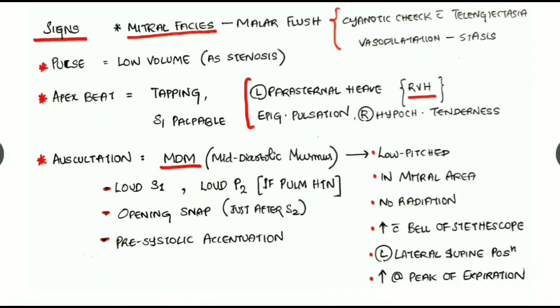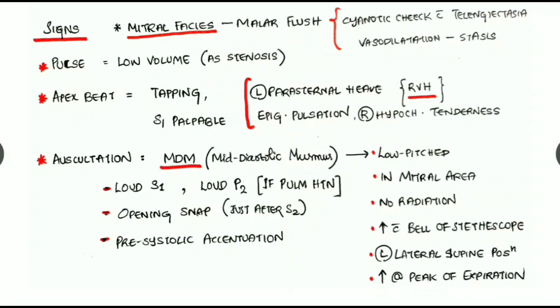Next, if we go to the auscultation, the typical murmur we are hearing is the mid-diastolic murmur. We have to describe the murmur with some other points too. That is, the murmur is a low-pitched, rough rumbling murmur. It is heard in the mitral area and there is no radiation of this murmur.